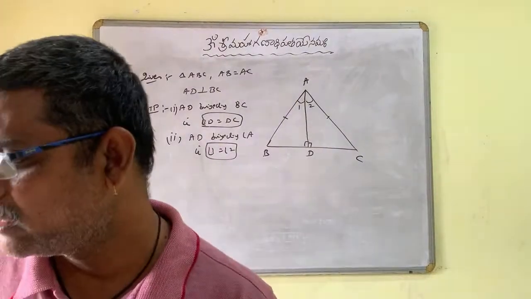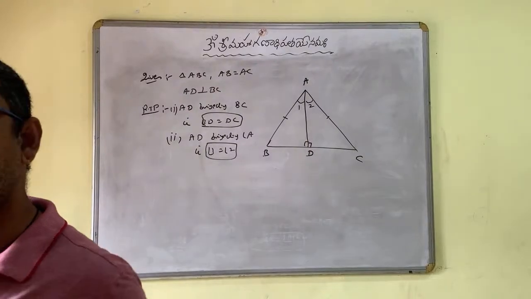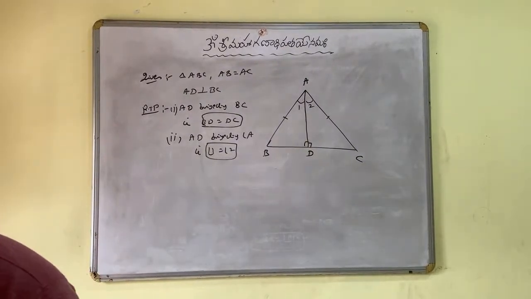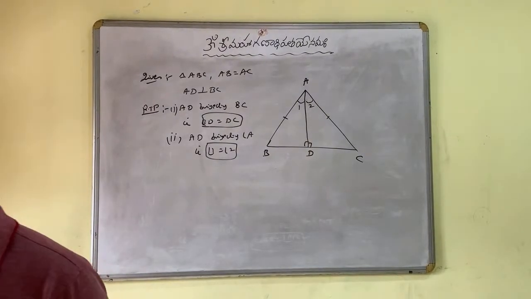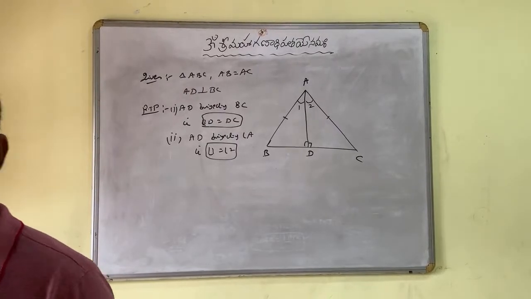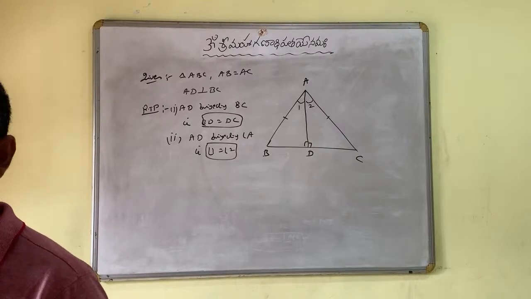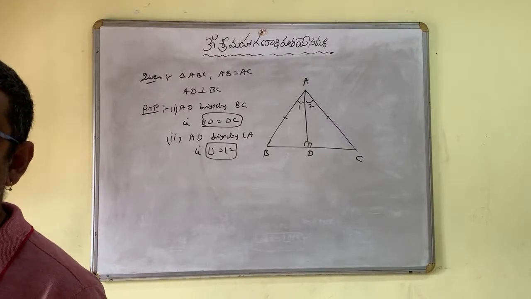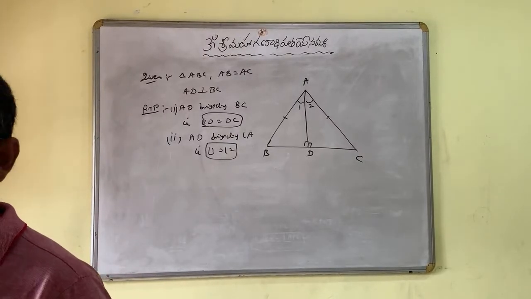Are they congruent? If they are congruent, by which criteria? Fast children. RHS. Anika says RHS. Meghana says AAS. Meghana, why AAS? Where are the two angles equal? We need to prove it. Don't take angle 1 is equal to angle 2, Meghana. We have to prove angle 1 is equal to angle 2.